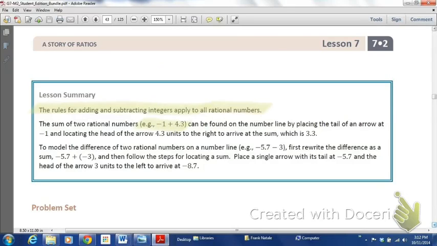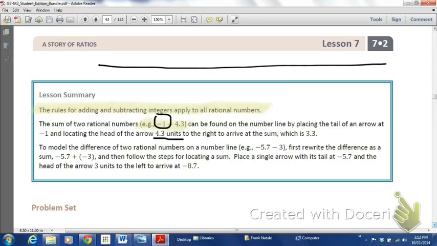The next point here, the sum of two rational numbers. For example, these two, -1 and 4.3, can be found on the number line by placing the tail of the arrow at -1, because it's first, and locating the head of the arrow 4.3 units to the right, because it's positive, at the sum, which is 3.3. Okay, so again, we've done a number of these, but just for shakes here, we'll go ahead and do this. If we have our -1, there's our 0.